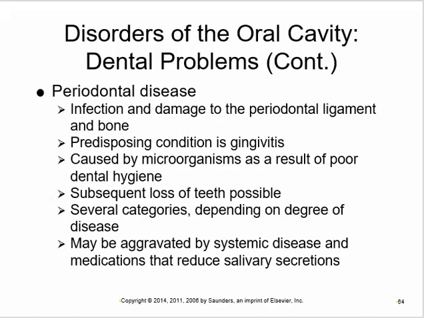Gingivitis is usually the start because the gingivitis creates a situation where you can get opportunistic infections. It's usually got to do with poor dental hygiene. And literally the root of the tooth can loosen and fall right out.